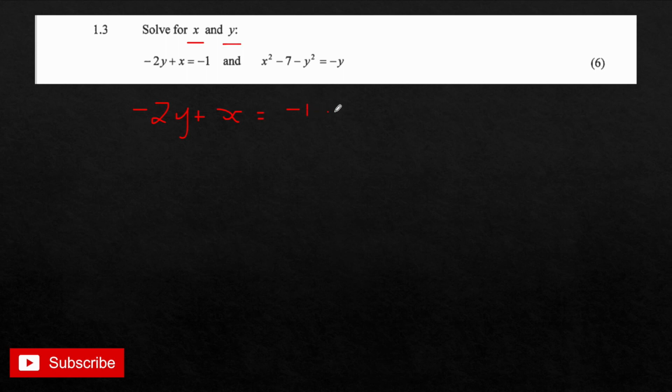This is your first equation. And then your second equation is x squared minus 7 minus y squared is equal to minus y. Now you are going to make x the subject of the formula here.